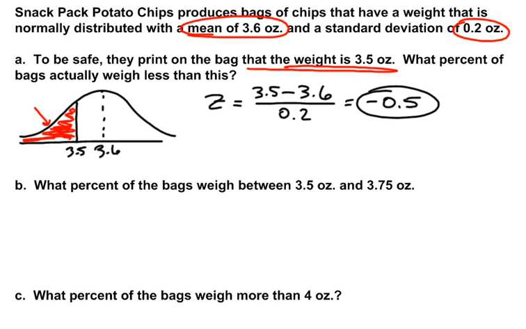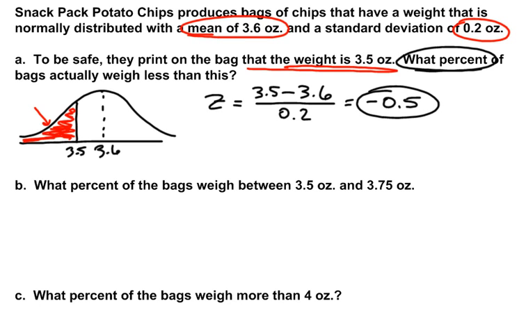So we're going to go to the table and look up negative 0.5. Why are we going to the table? Because the question is asking us for what percent, and as we said earlier, percentages are in the table. So we're going to look at the z-score of negative 0.5 and find the area to the left of that.